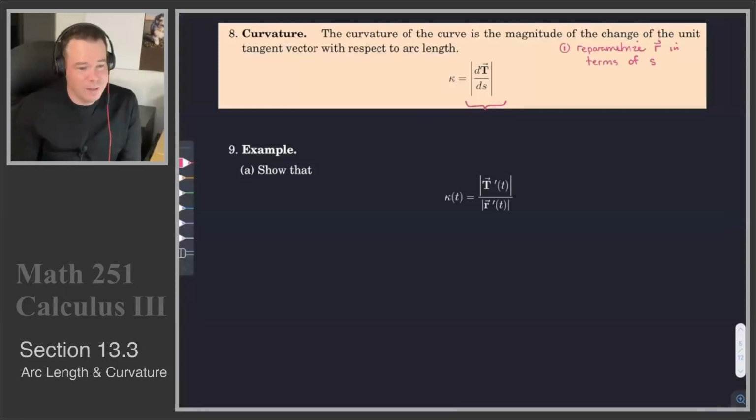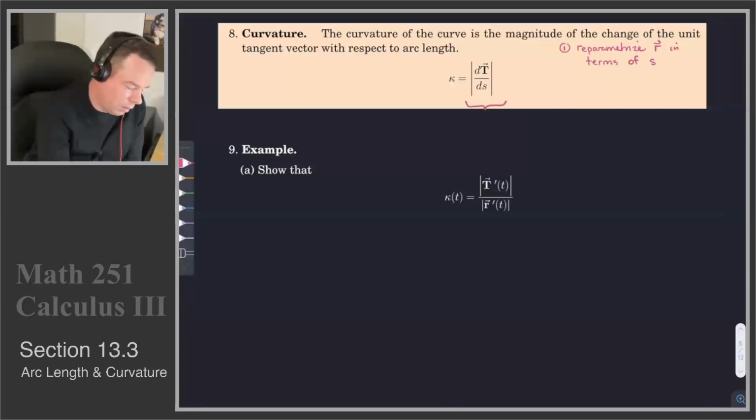We had to actually find the arc length function, S as a function of t. Then we had to write the inverse of that function, t as a function of S. And then we had to plug that into our parameterization of our curve R. So there's a lot going on in step one here, reparameterize in terms of arc length.